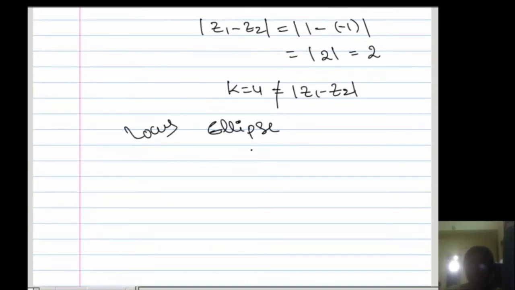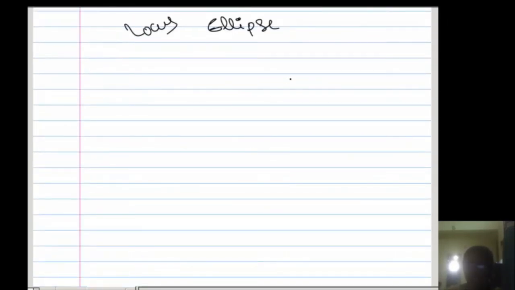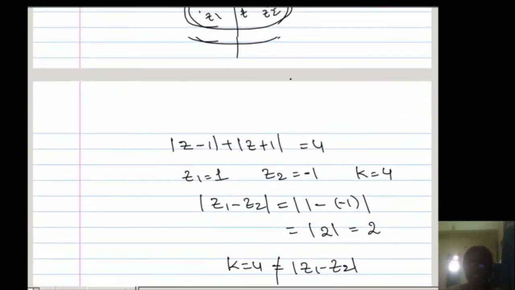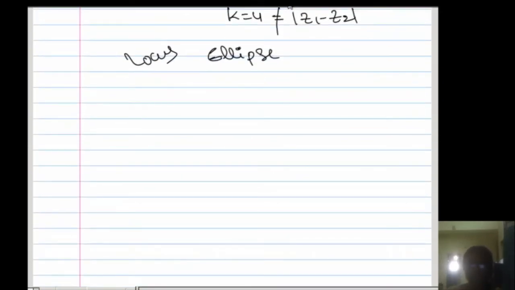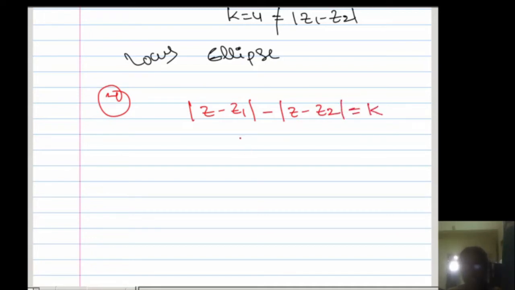Now you can observe that for an ellipse we have the addition: mod Z minus Z1 plus mod Z minus Z2. But when you go to the hyperbola, what is the hyperbola? Mod Z minus Z1 minus mod Z minus Z2 is equal to K. Here you can observe that, in place of the previous addition, it has subtraction.